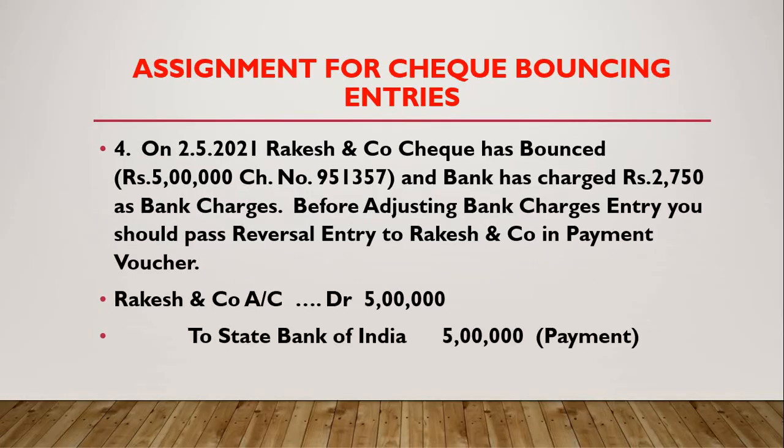So next transaction. On 2nd May 2021, Rakesh and Company's check has bounced, rupees 5 lakh, check number 951357, and the bank has charged rupees 2,750 as bank charges. Before adjusting the bank charges entry, you should pass a reversal entry to Rakesh and Company in a payment voucher.